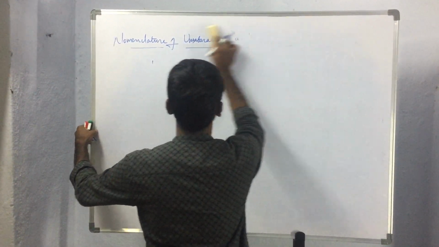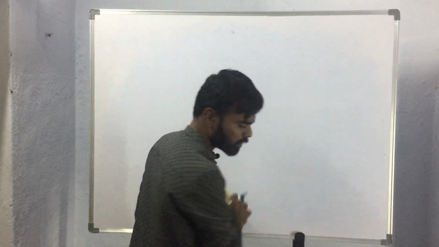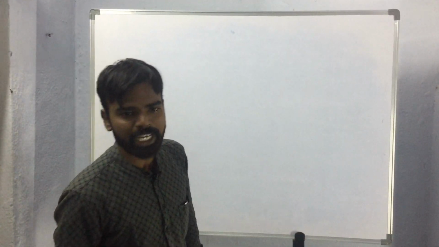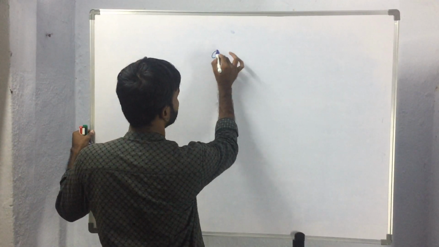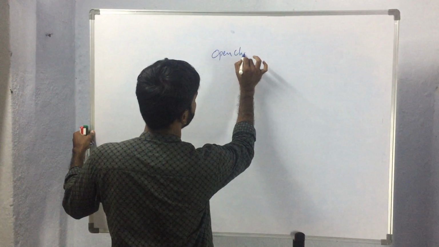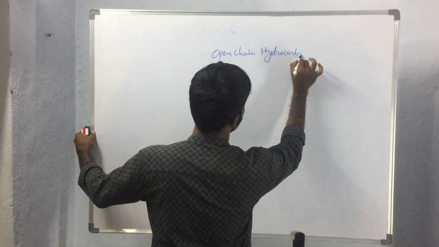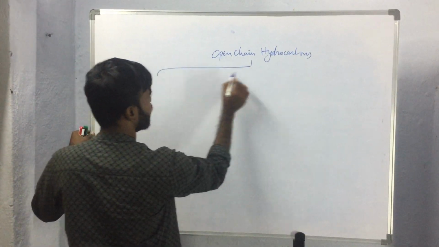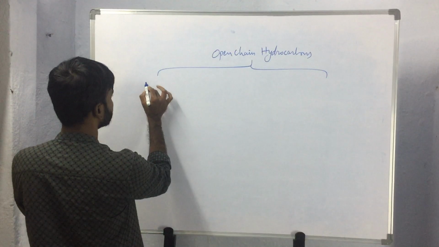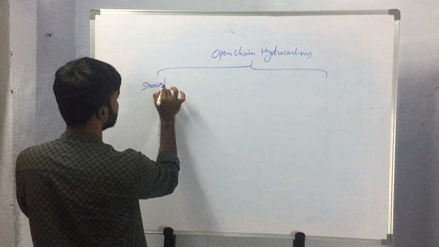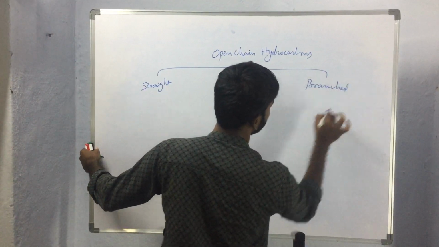So here, with this video we have completed the nomenclature of open chain compounds, open chain hydrocarbons. In these open chain hydrocarbons we have seen the nomenclature of straight chain compounds and branched chain compounds.